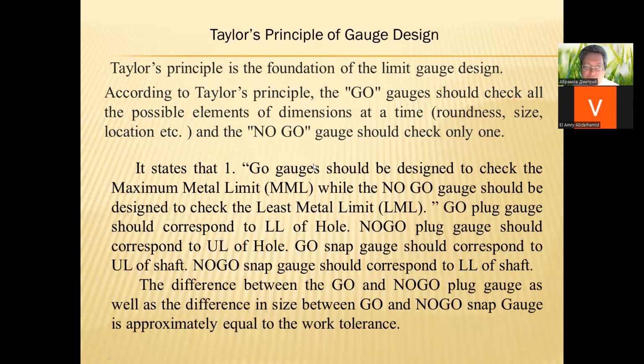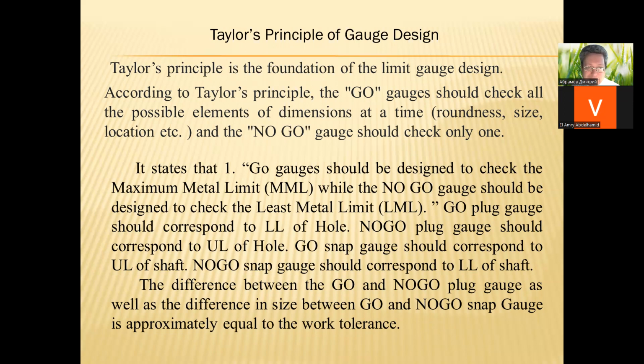Taylor's principle of gauge design. Taylor's principle is the foundation of limit gauge design. According to Taylor's principle, the go gauge should check all the possible elements of dimensions at a time: roundness, size, location, etc. And the no-go gauge should check only one.